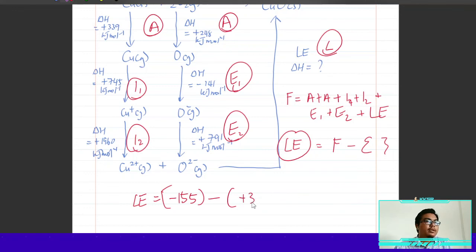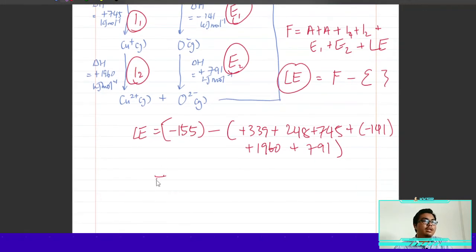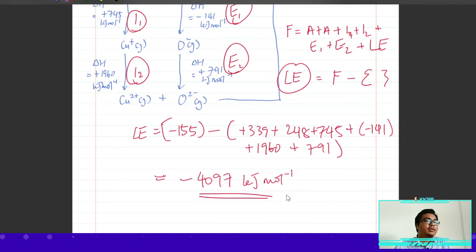Yang ni positif 339 tambah 248 tambah 745 tambah negatif 141 tambah 1960 tambah 791. Okay, so anda kira semua lattice energy anda, sepatutnya anda akan dapat negatif 4097 kilojoule per mole. So that's the value of your lattice energy.